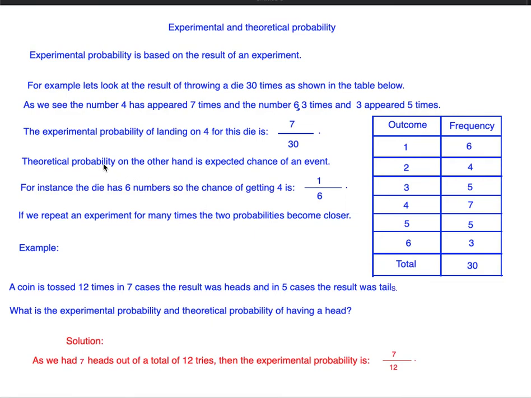But theoretical probability is expected chance of an event. So it doesn't come from an experiment. It comes from what we expect based on the idea that we have from the experiment, a possible experiment.